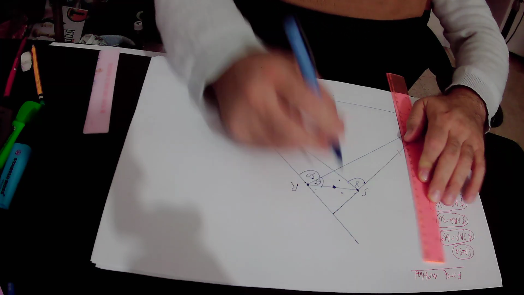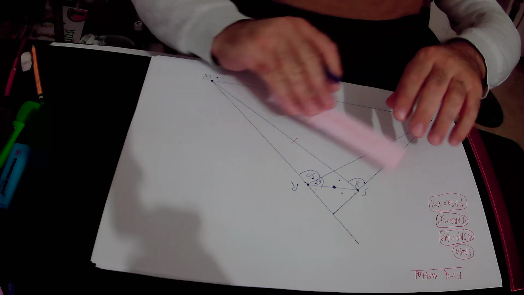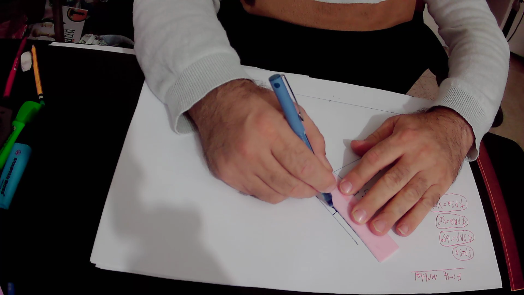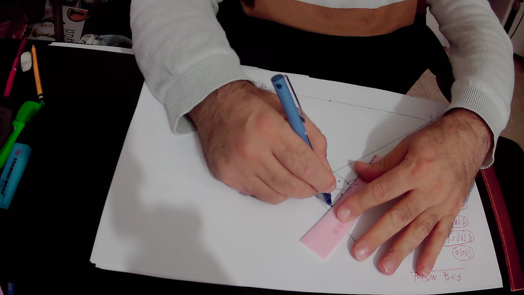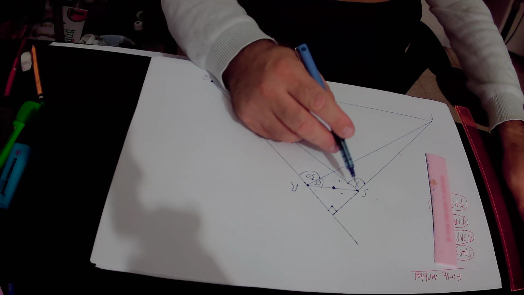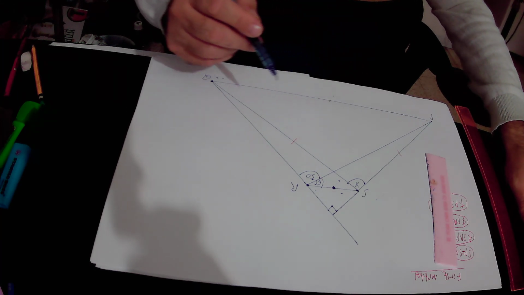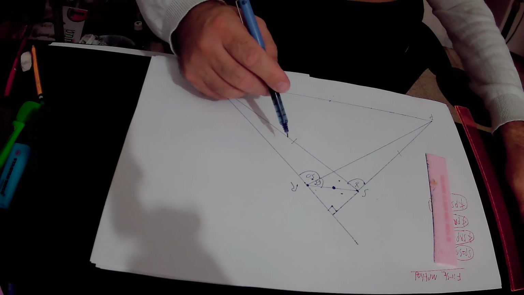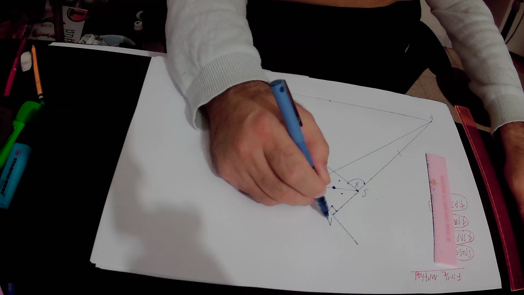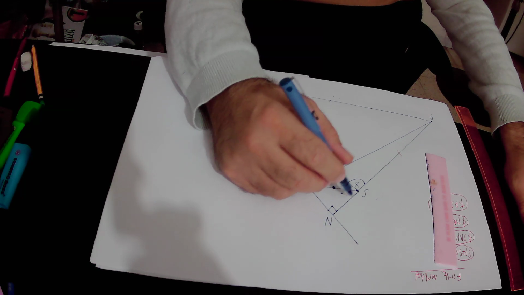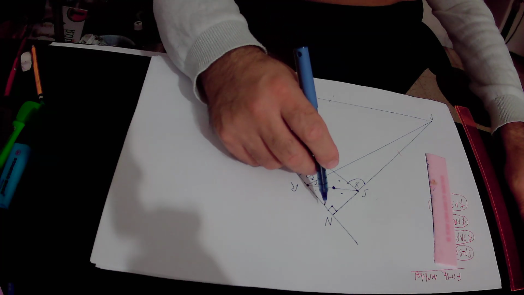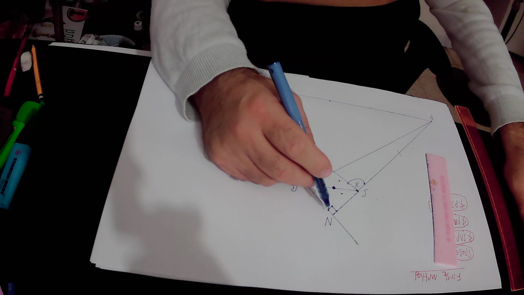So this angle is a right angle, it equals 90 degrees. And we will define the touching point between the perpendicular and the extended QR as point N.